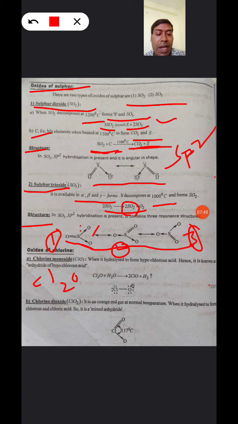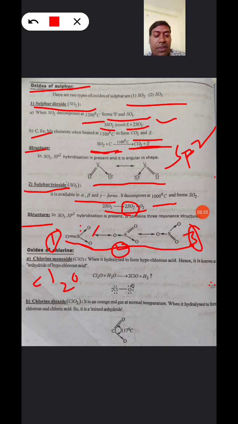It undergoes hydrolysis to form hypochlorous acid, hence it is known as the anhydride of hypochlorous acid.